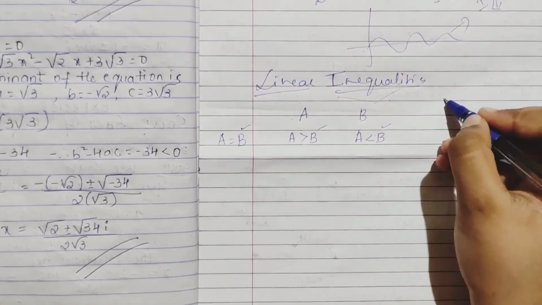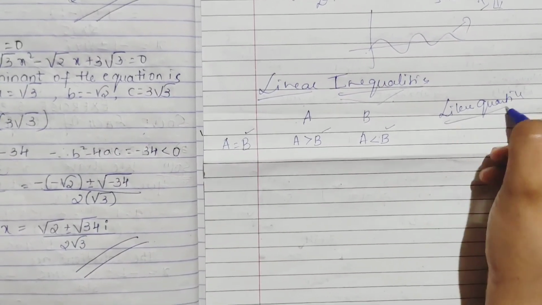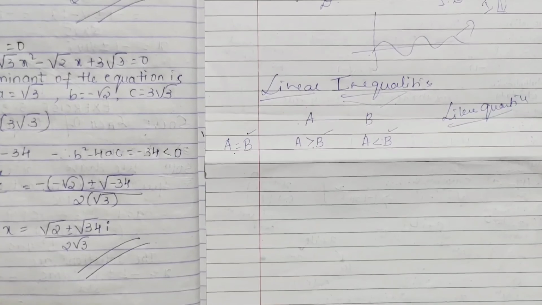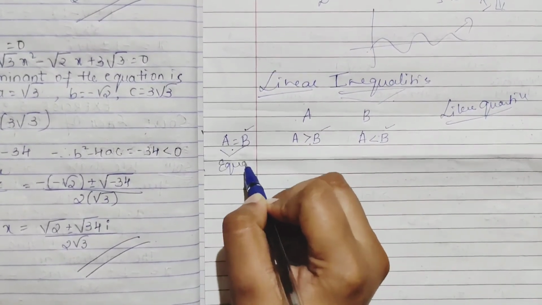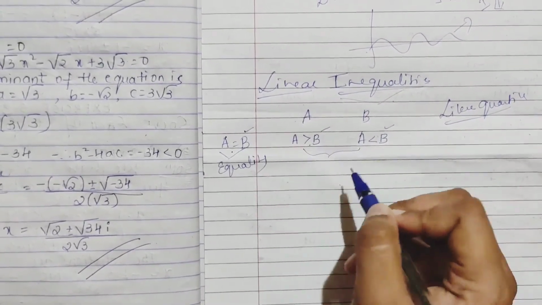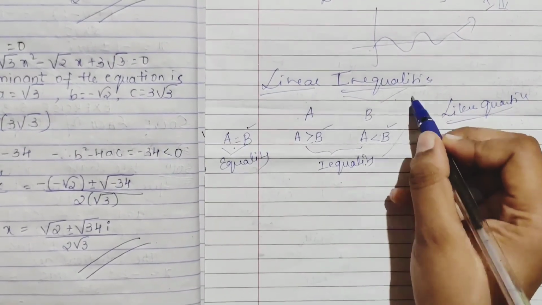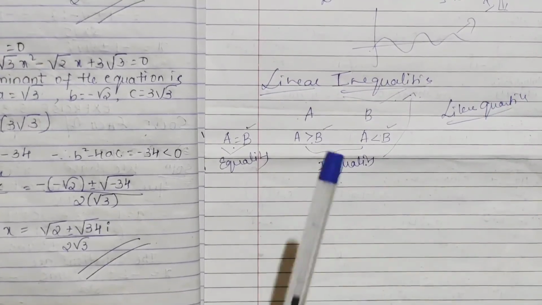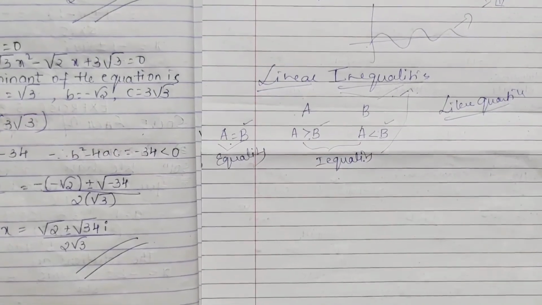You can say like terms or like quantities, whatever you call them, you can compare. Either it will be equal, or it will be greater, or it will be less than. This is called your equality, because it is equal, and this other thing is called inequality, and this inequality only makes your inequalities. Understood? What are your inequalities? Your greater than and less than are called inequalities.